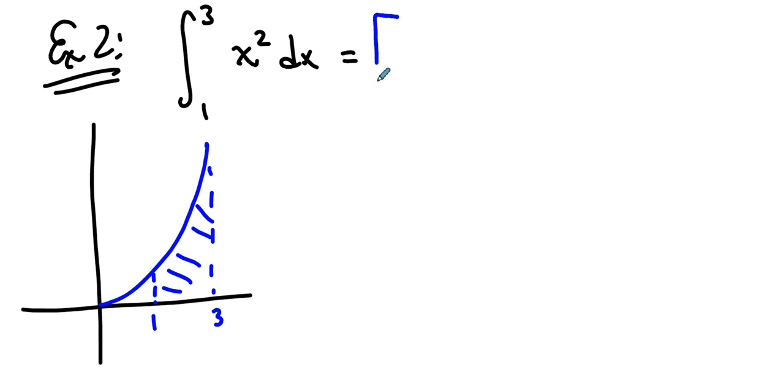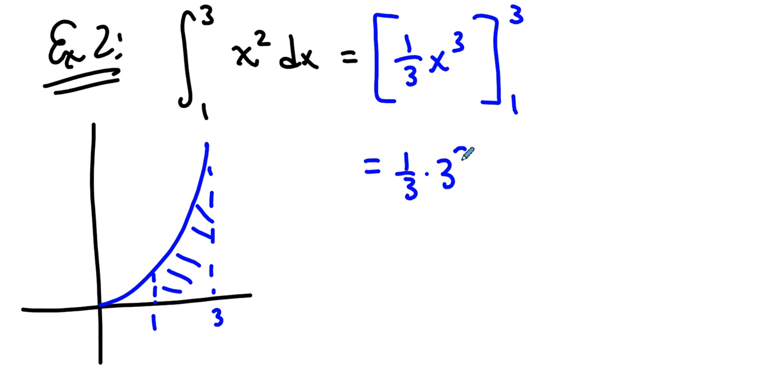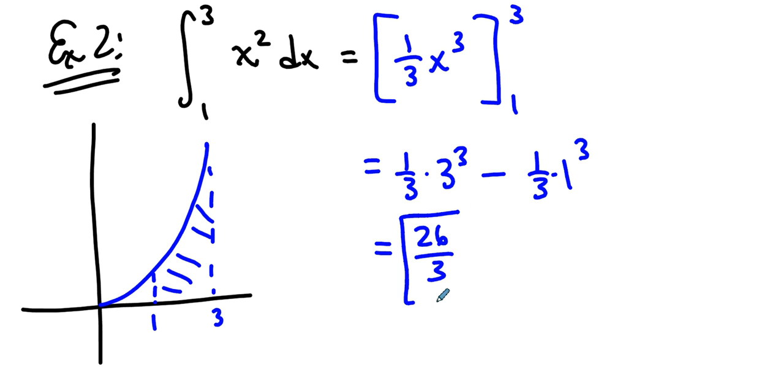And the calculus says I find some function whose derivative is x squared. I'm going to choose this one. We evaluate at 3, we evaluate at 1, and subtract the answers. So this is 1/3 of 3 cubed minus 1/3 of 1 cubed, and that turns out to be 26/3.